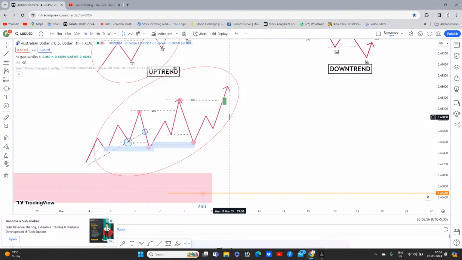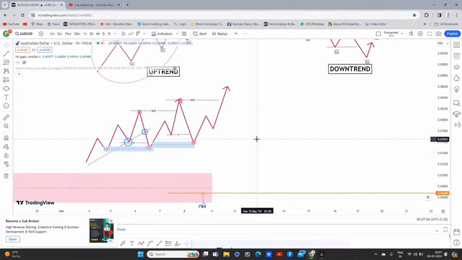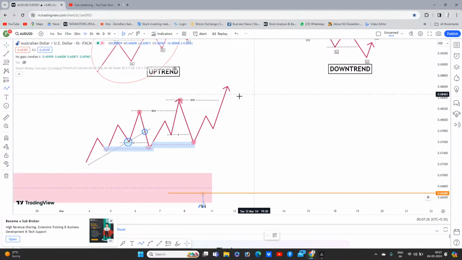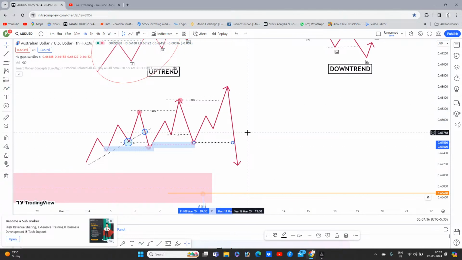CHoCH means change of character, and by character I mean that the market is changing its character from an uptrend to a downtrend. But when can we say that the market has changed its character, from a bullish market to a bearish market? It's very simple. According to smart money concept, the market changes its state when the market breaks the last swing point.